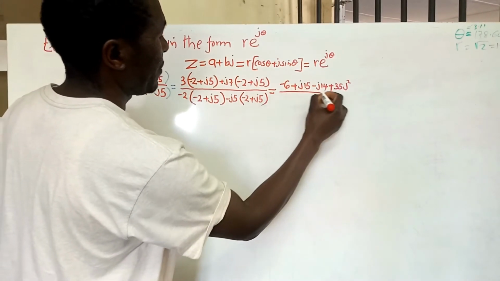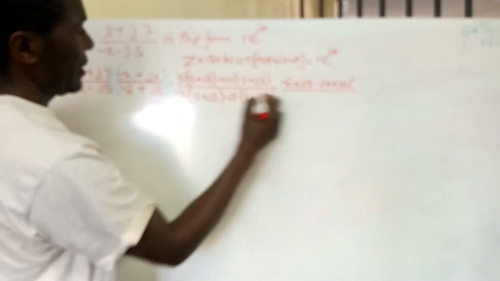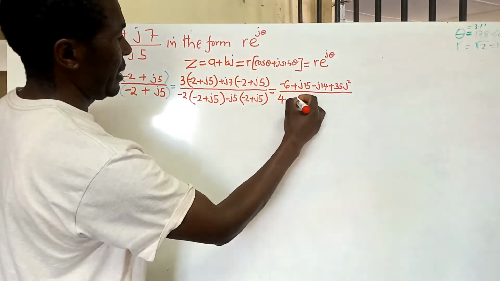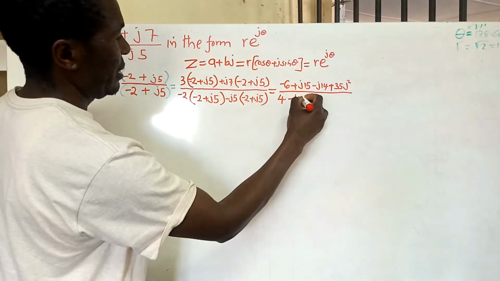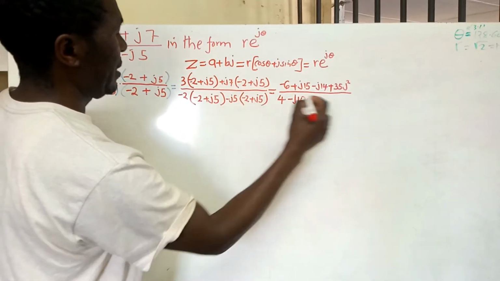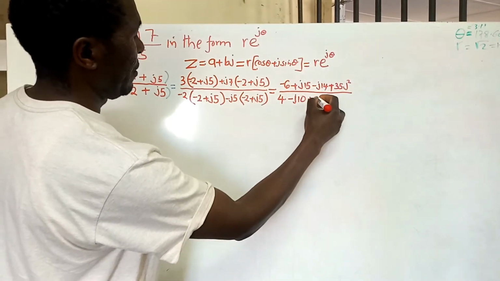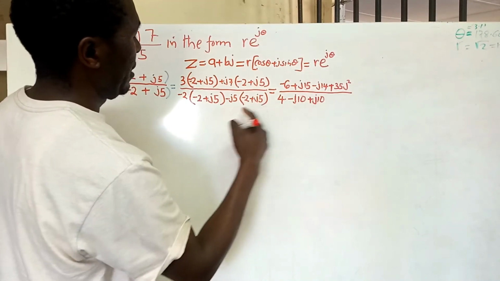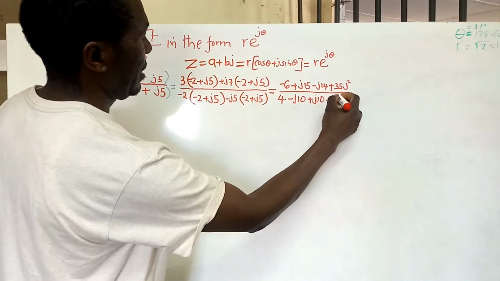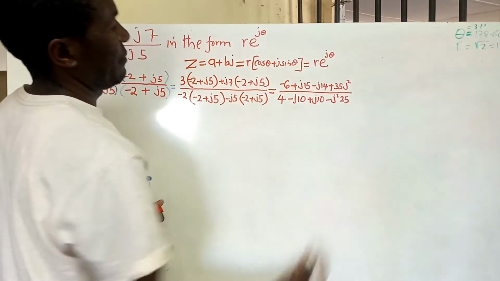Then we divide this one by that times that is positive 4, that times that is minus j10. Then we have this times that is plus now j10. This times that becomes minus j squared 25.